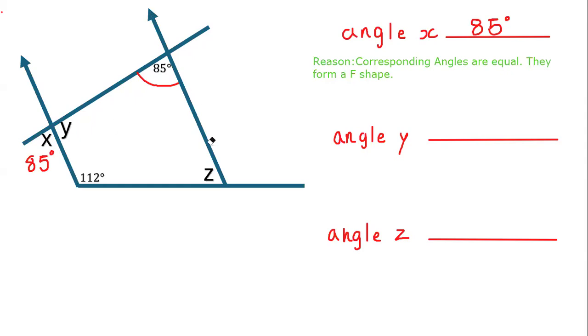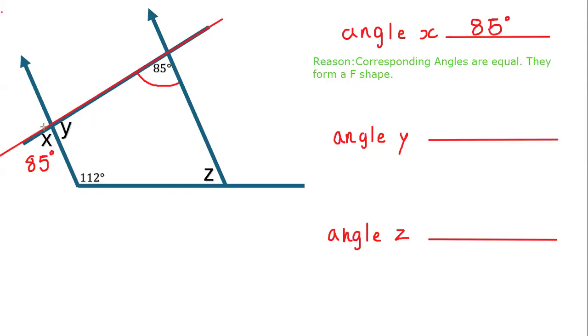These two lines are parallel, and we have a transversal that cuts them. If you look carefully, the angle formed when this parallel line is cut by this transversal has to be equal to the same, because these two lines are parallel.